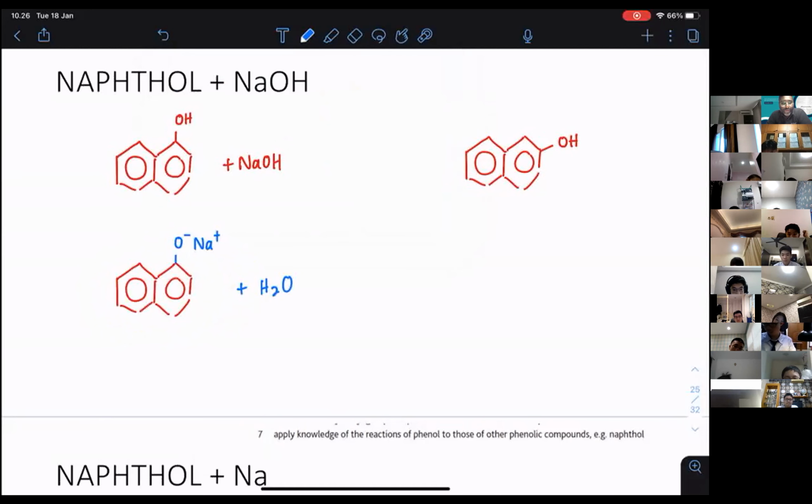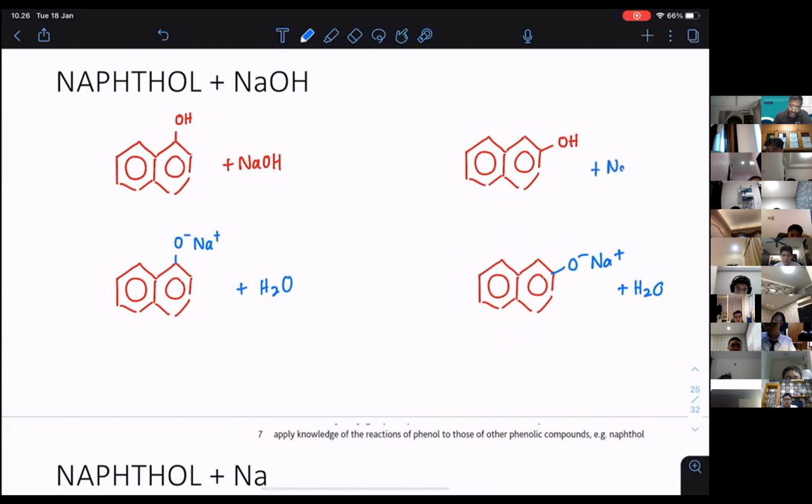Salt and water will be formed. The same thing over here, you copy and paste. You are going to get O minus and Na plus with water. This one is very important. Similar reaction when you react with NaOH.